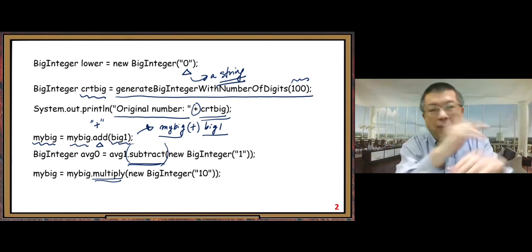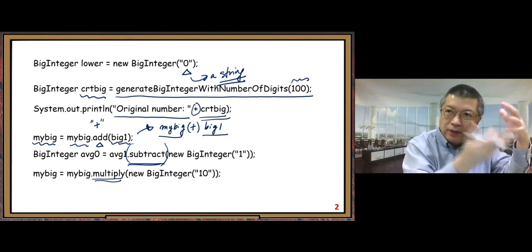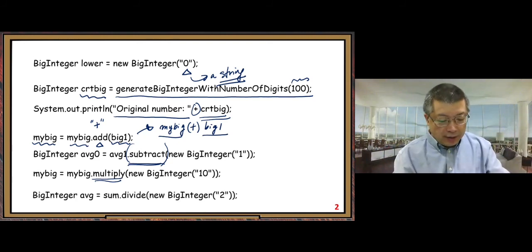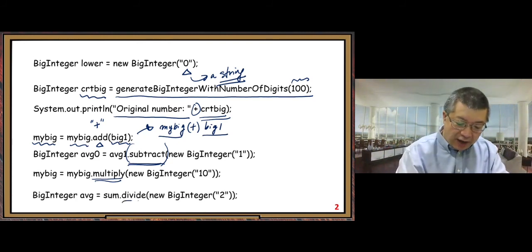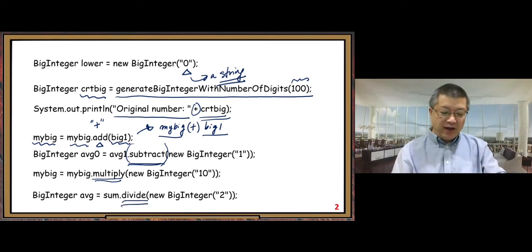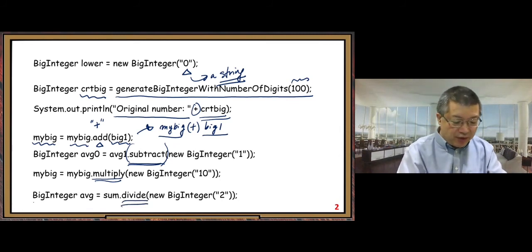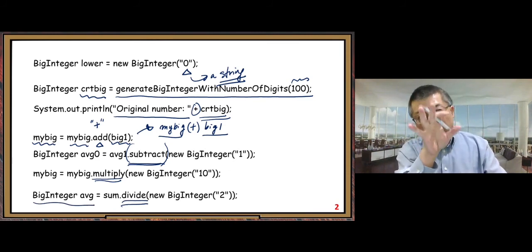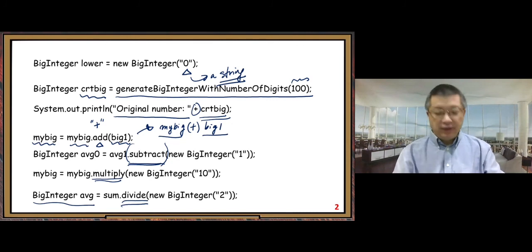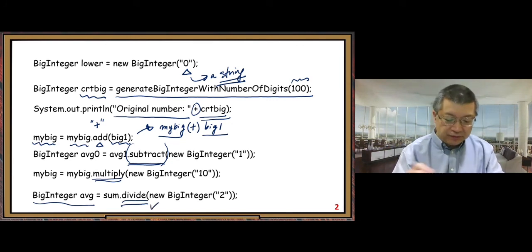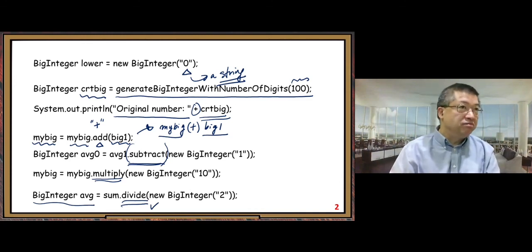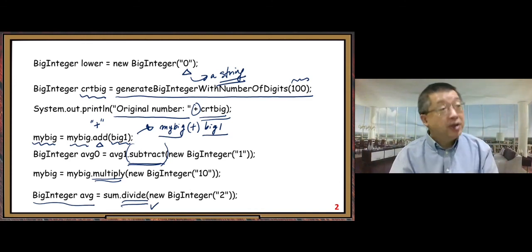The last one, divide, is integer divide. When you do division, the result is still an integer, so the fractional part will be truncated automatically. So that's the basic operations. In my example, that's enough for us.